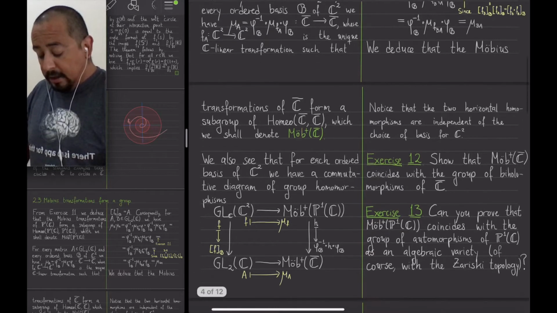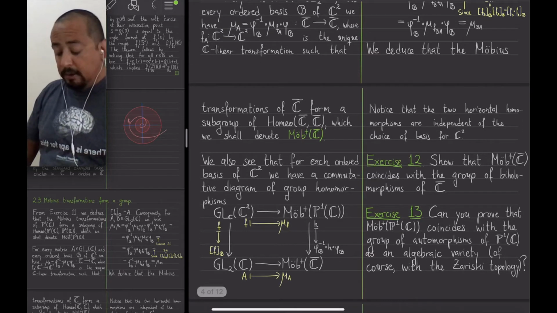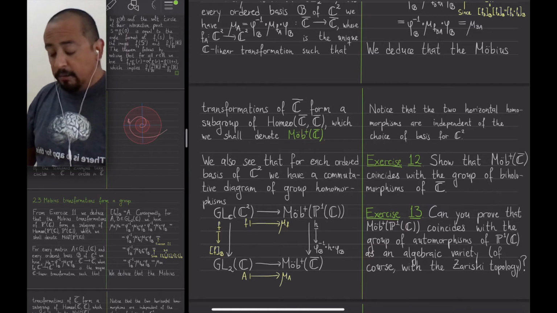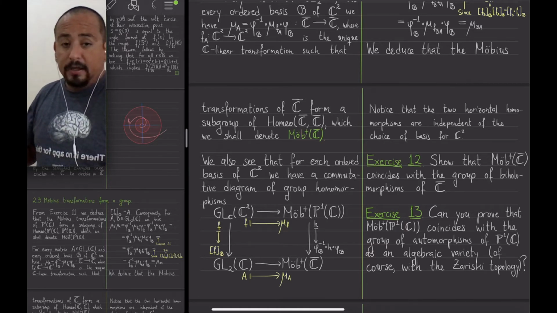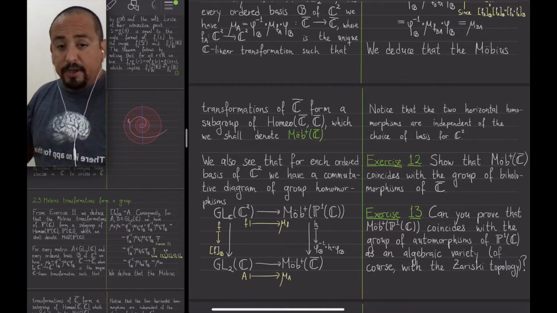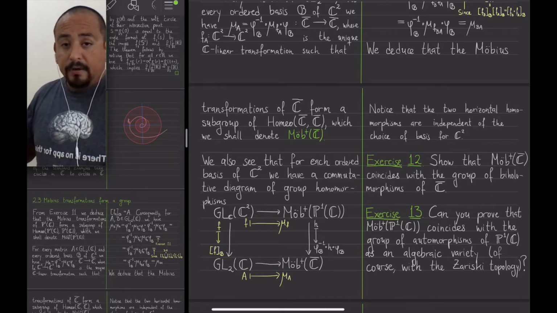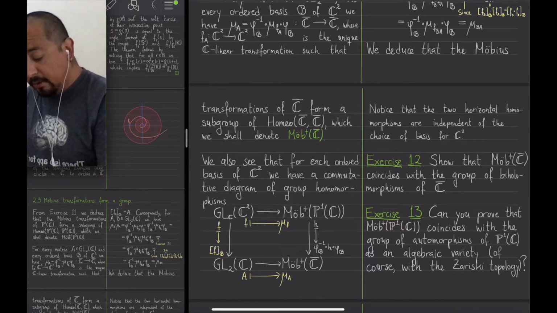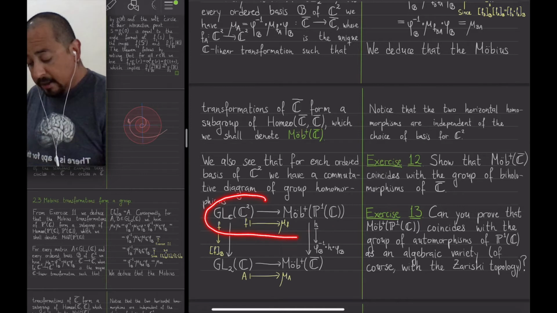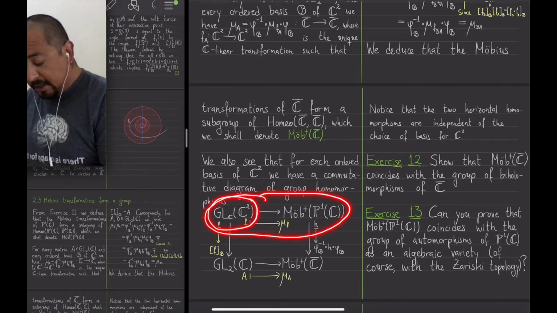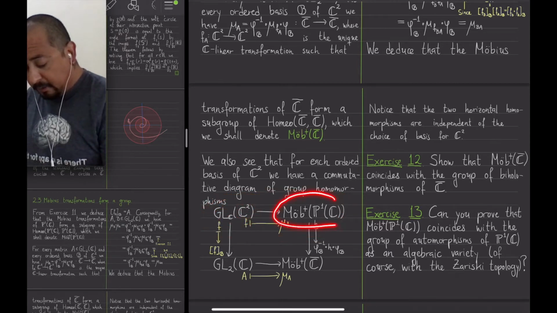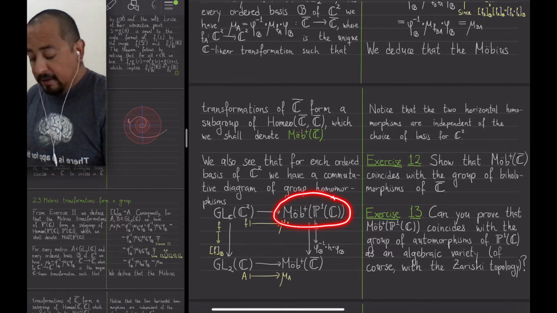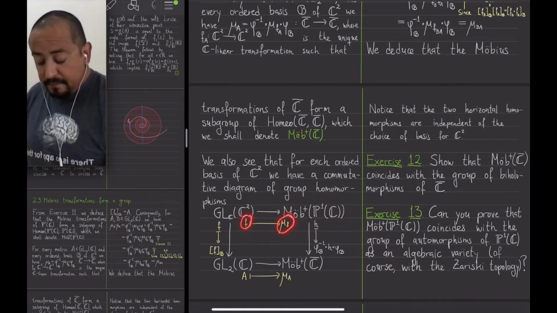Okay, now along the way, what we have done is we have established a commutative diagram for each chosen basis B of C square, namely the commutative diagram that, on the one hand, to each bijective C linear map of this vector space associates the corresponding Möbius transformation of P1C, so to each F associates its shadow.